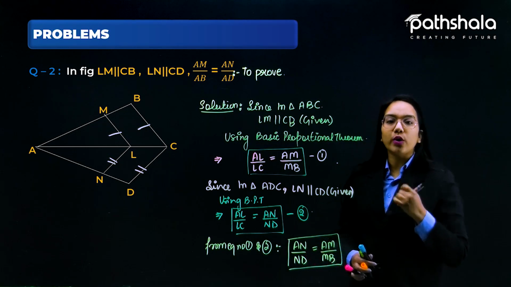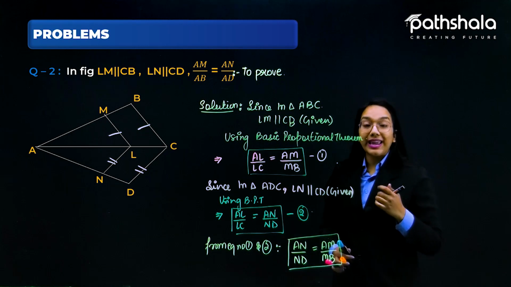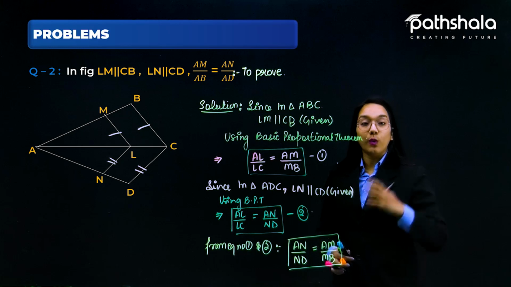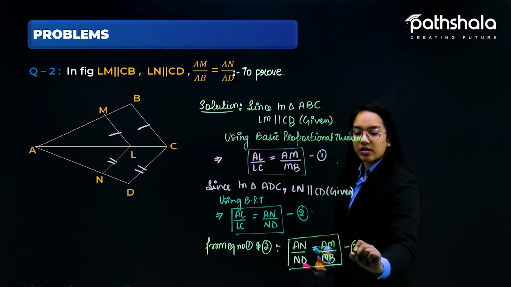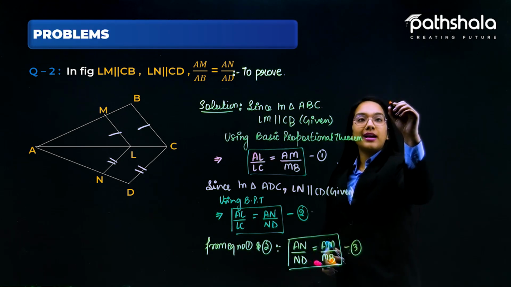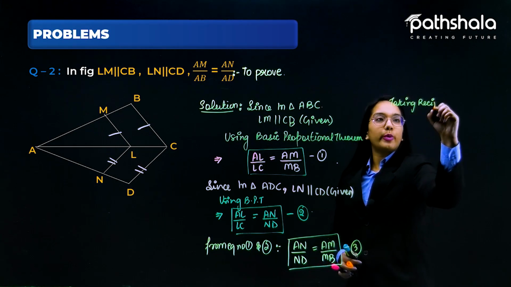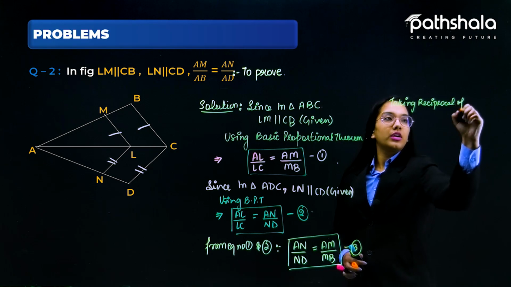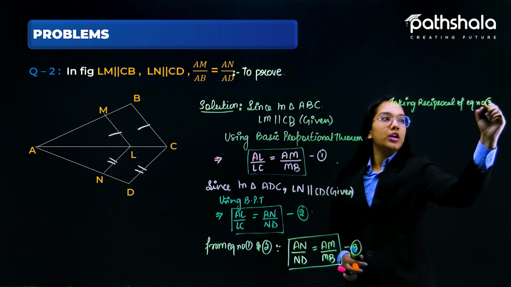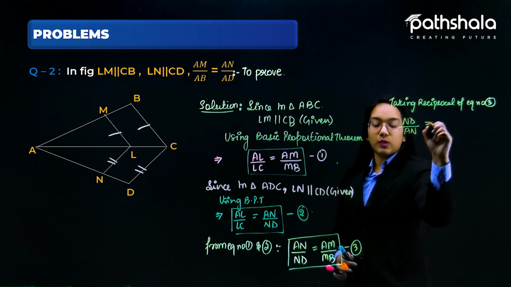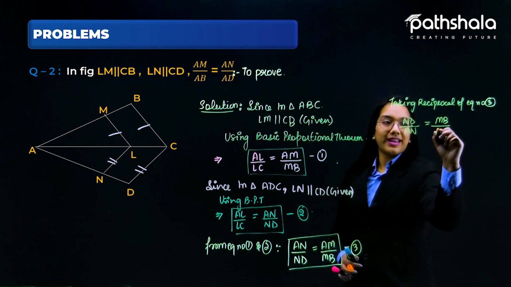But what we wanted to prove is AM by AB, meaning the whole side. So let us take this as equation number 3 and take the reciprocal of equation number 3. Then it would be ND by AN, which is equal to MB by AM.